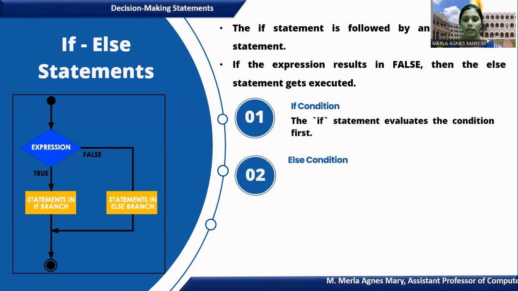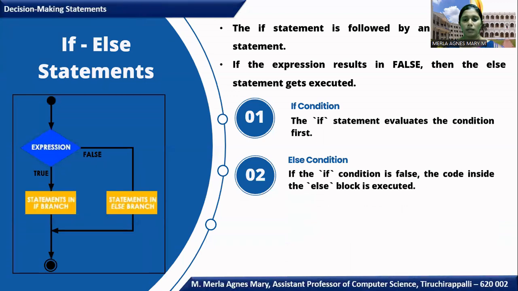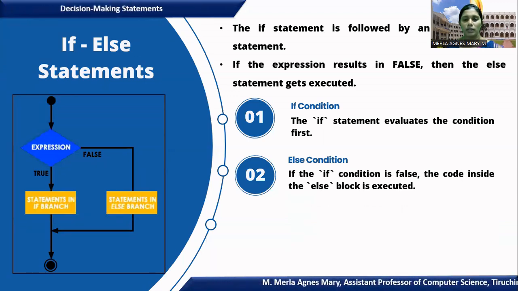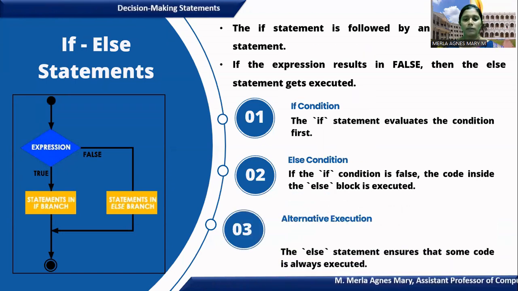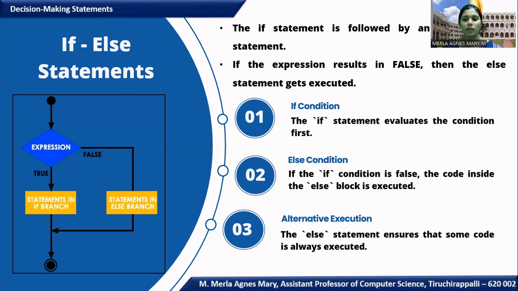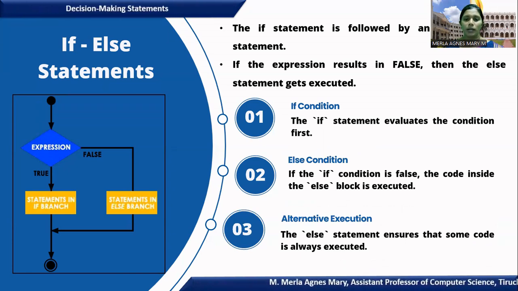Otherwise, it moves to the else condition, and the statement inside the else condition will be printed. The alternative execution, that is the else statement, ensures that some code is printed and executed, and the program will exit.